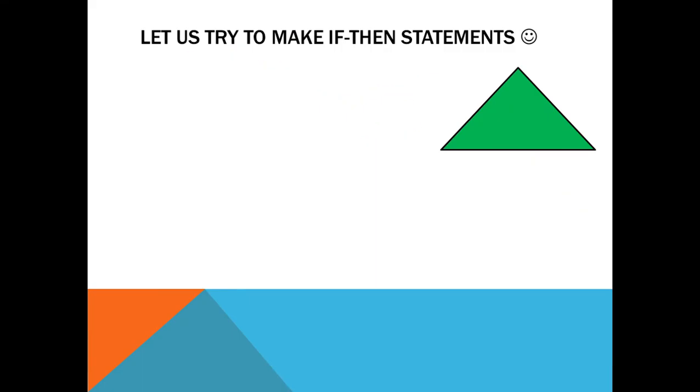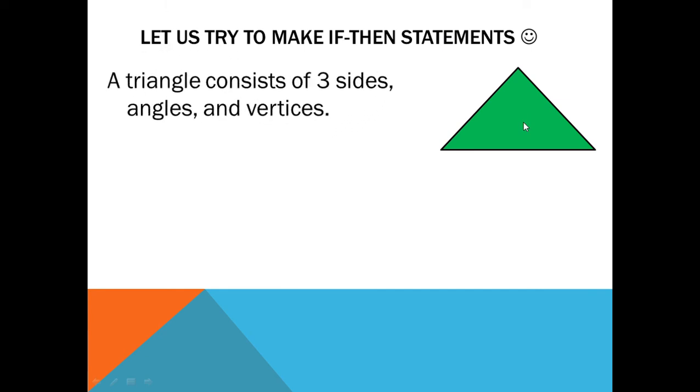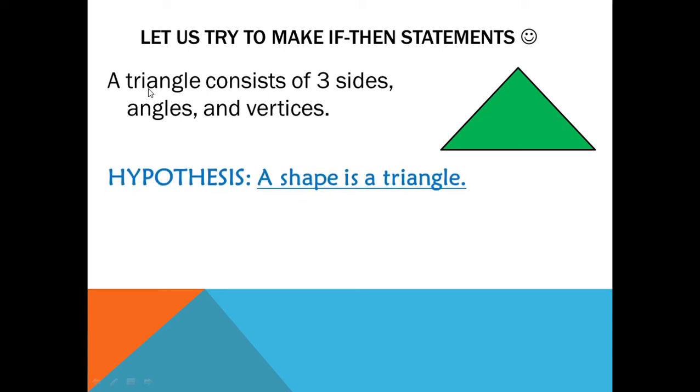Let us have another example. So this shape is a triangle. A triangle consists of three sides, angles, and vertices. So here, this is our verb. On the left is our hypothesis. So the condition is the shape or a shape must be a triangle. So a shape is a triangle.